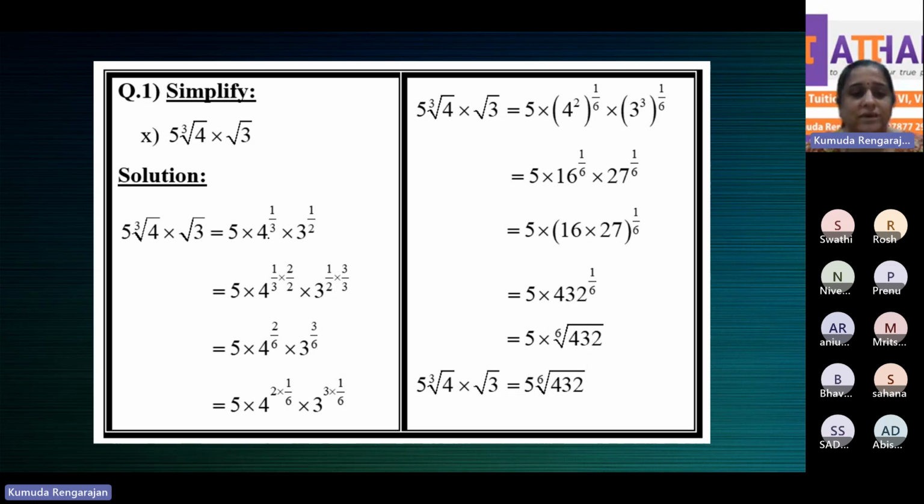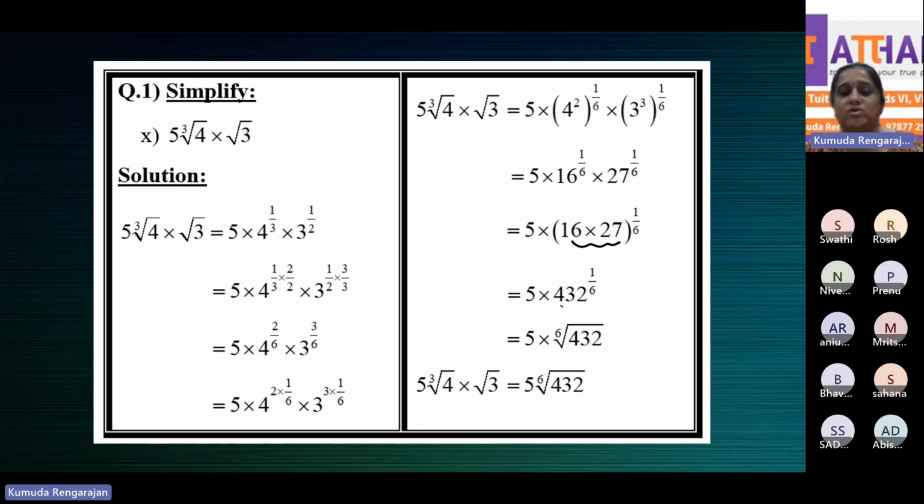So we are bringing 1 by 3 and 1 by 2 to the same base 6. Then I think you can follow till here. Now here you can see that 16 and 27, the connecting sign is multiplication and they are raised to the same power 1 by 6. So you can multiply 16 into 27 and raise it to the same power 1 by 6.